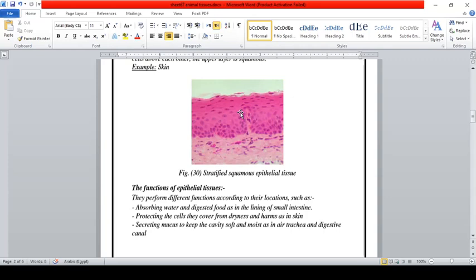They perform absorbing water and digested food from the digestive canal, like the columnar epithelial tissue in the stomach and the intestine, protecting the cells from dryness and from microbes like viruses, fungi and bacteria, like the squamous epithelial tissue, and secreting mucus to keep the cavities soft and moist in the air passages, the trachea and the digestive canal. So absorbing, protecting, and secreting.